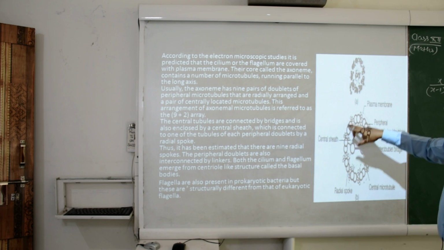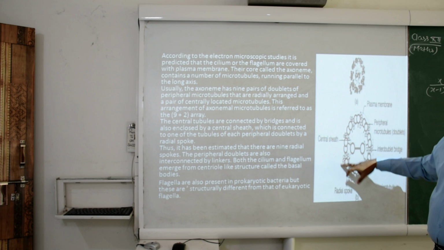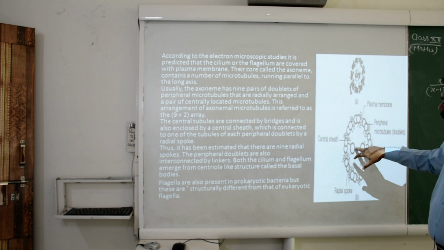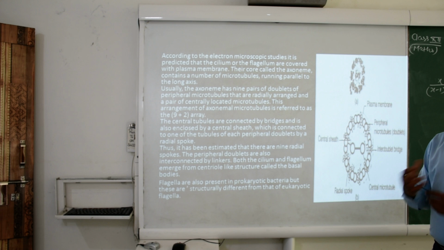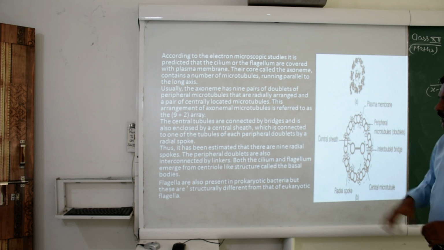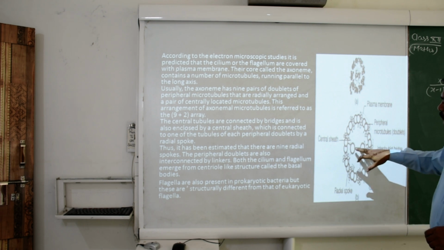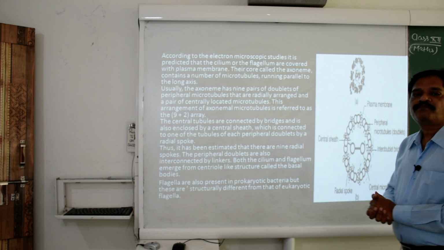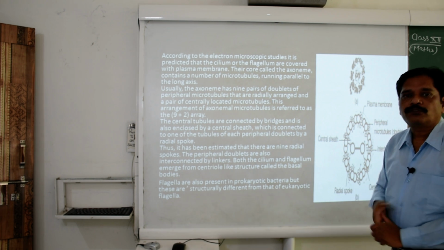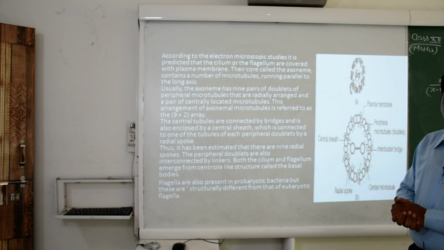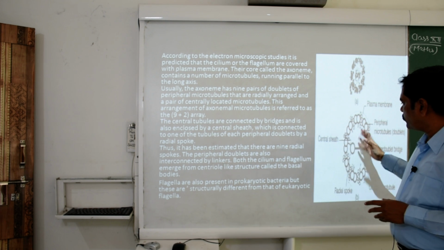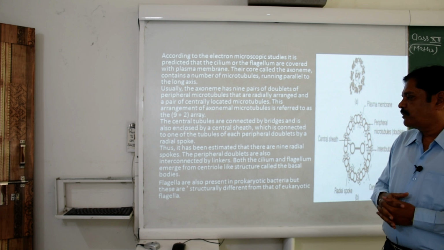When 9 are arranged in the peripheral portion and 2 in the center, this arrangement is called 9+2. If the center 2 microtubular groups are absent, that is called 9+0. 9+0 is the characteristic of the prokaryotic, and 9+2 is the characteristic of the eukaryotic one.